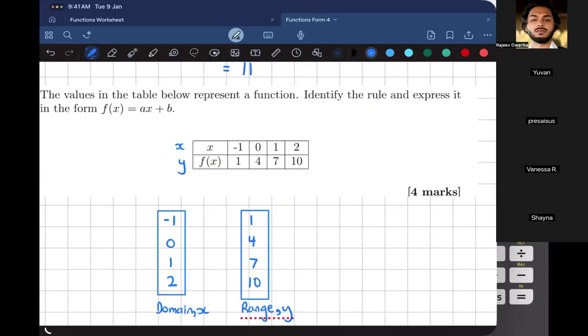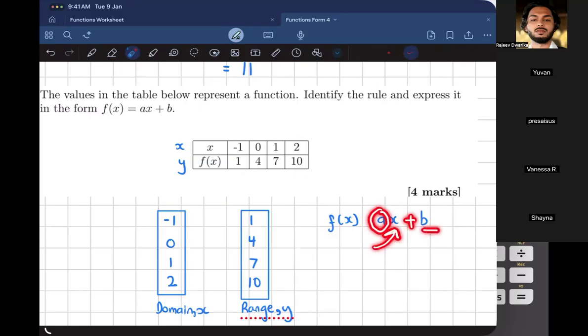So they told us already that in the function, you have a times x plus b. Essentially, whatever value you put in for x, you had to multiply it by some number, and then add some number to it.